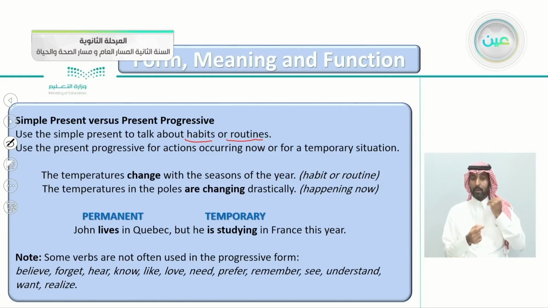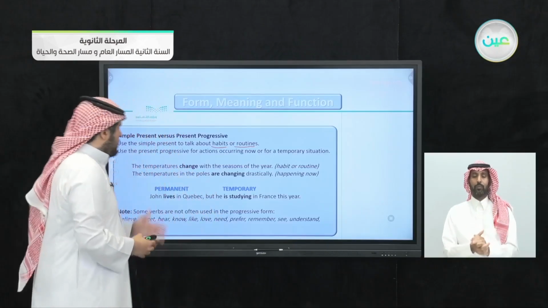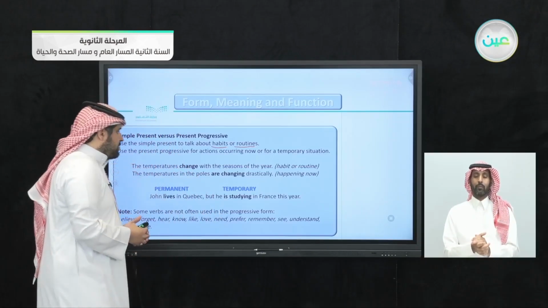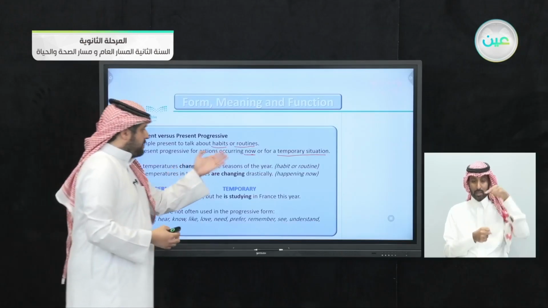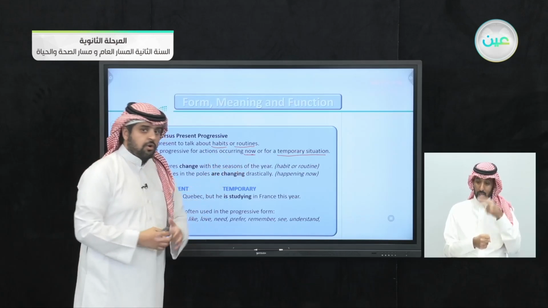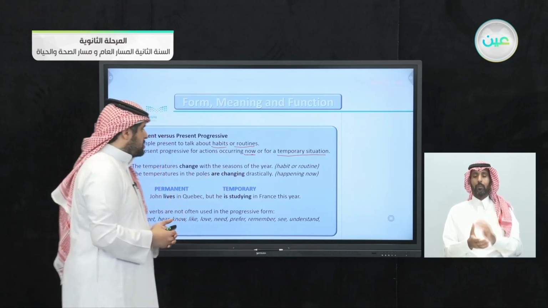Habits, things that you do every day, or routines, it's the same thing maybe, things that you're doing every day. We use the present progressive for actions occurring now, or for a temporary situation. So we use the present simple to talk about habits or routines. We use the present progressive for actions that are happening now or that are temporary situations.